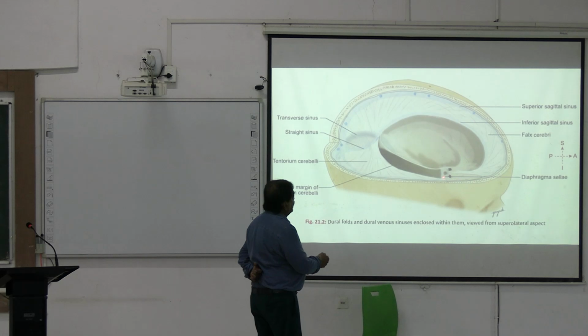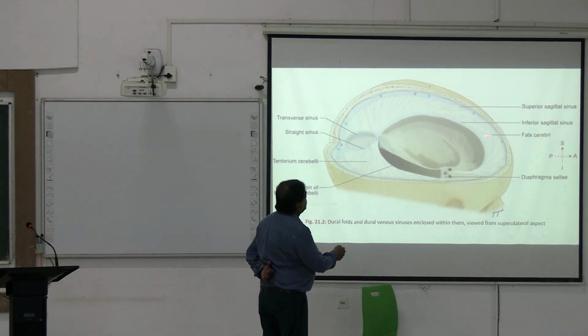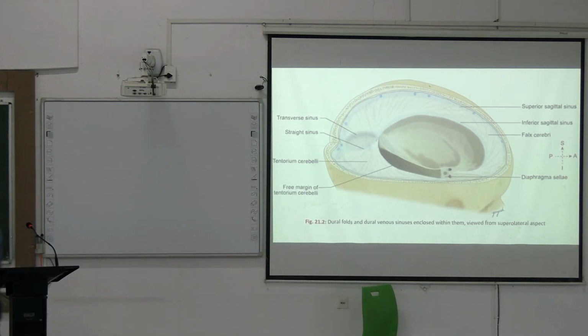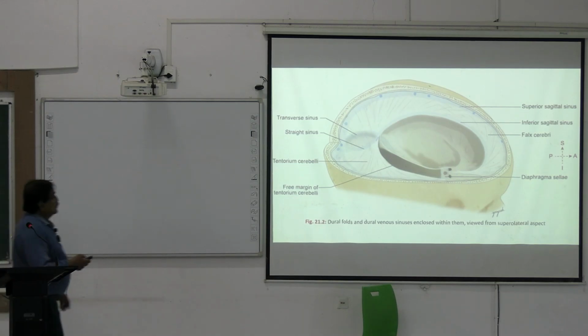Now, the diaphragma sellae, the falx cerebri, inferior sagittal sinus, and superior sagittal sinus. Please go home and see the dural venous sinuses and also your dural folds.